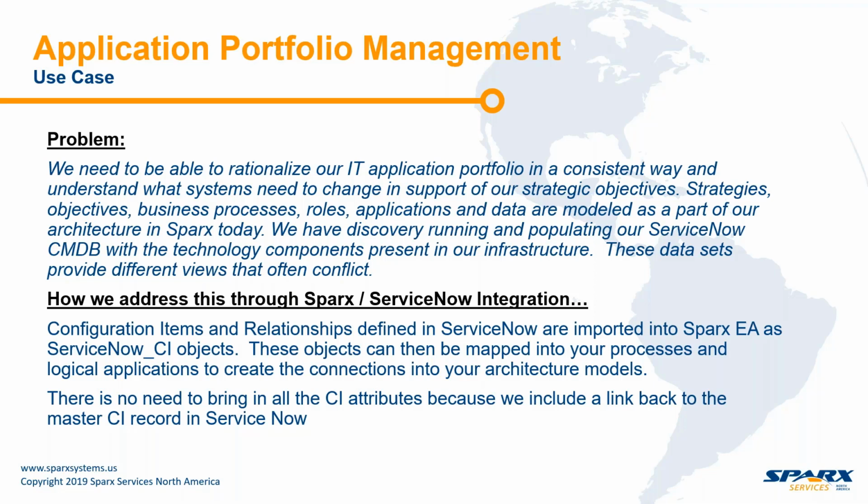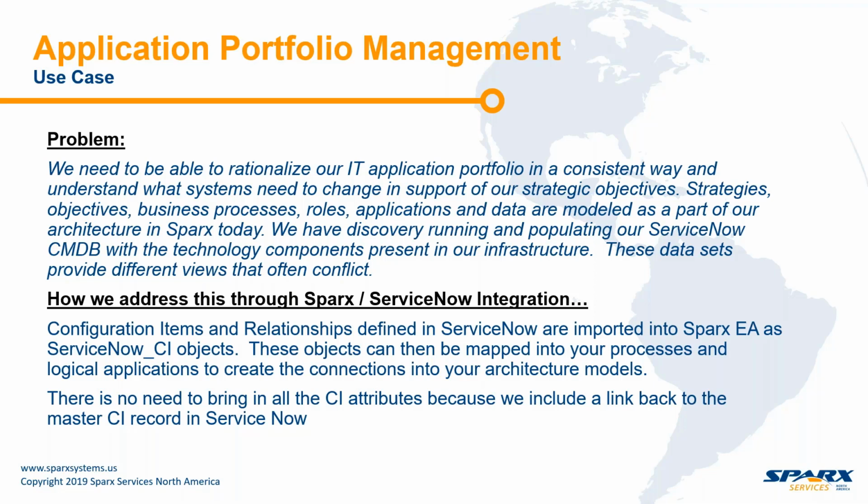But once we bring these CIs into EA, they're something that we can treat just like any other object, and we can map it into our processes and our applications and create additional connections and business service relationships and things like that. One of the things that we've learned is, when we do this, we don't need to bring in all of the attributes that ServiceNow has about a configuration item.